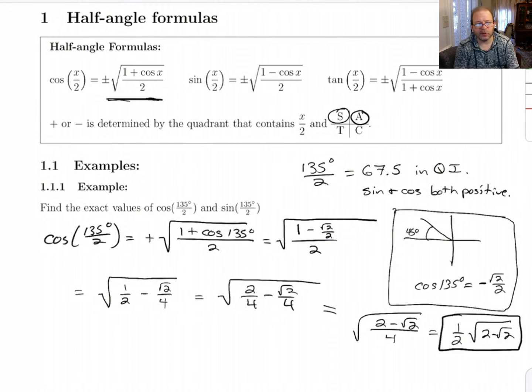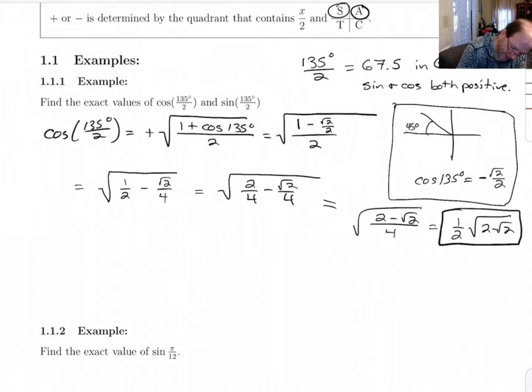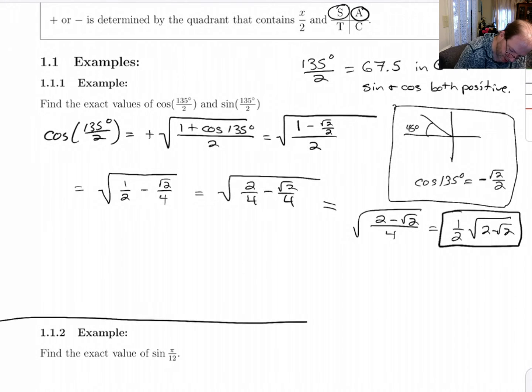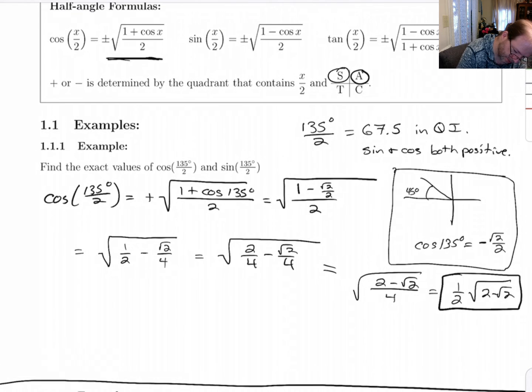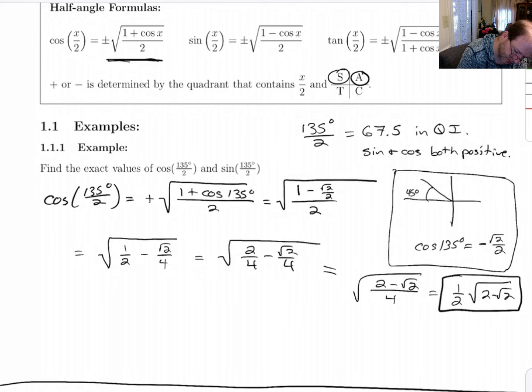All right, we're still supposed to do the sine though. And to do the sine, notice the only difference is we've got a minus here instead of a plus. So really the only thing that's going to change here is, well, let's go through and look at it.